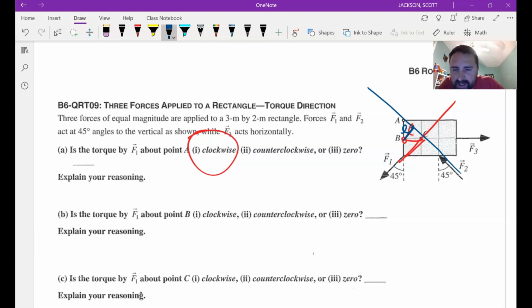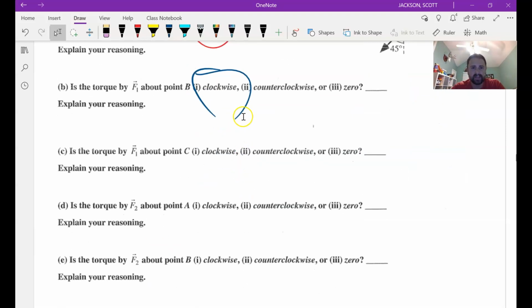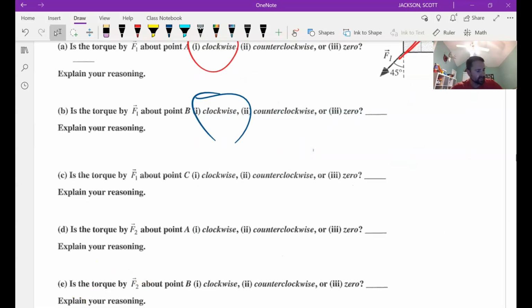So I know that, again, F1 has to do more about B. So it is going to be clockwise again. So those are some you can practice on, and I'll put my key down for these. But hopefully that's an intro to you guys for torques and the rough idea of how to calculate those.